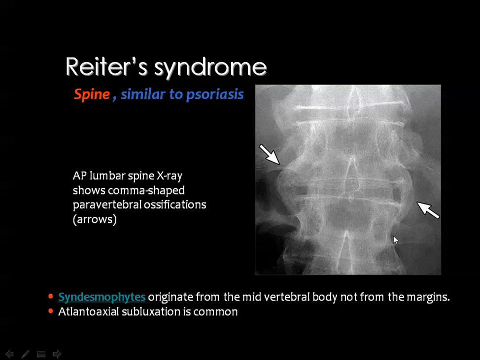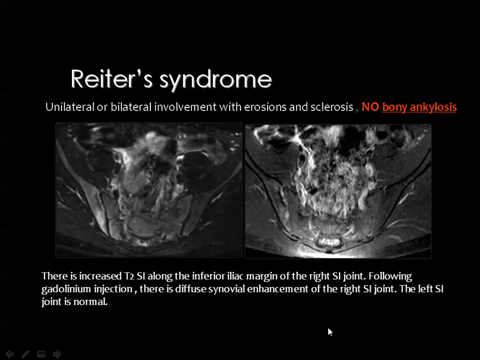In the spine, there are similar manifestations to those of psoriasis concerning the development of syndesmophytes, which are osteophytes arising from the midvertebral body, crossing the disc space, and may fuse with syndesmophytes from the above vertebral level. Also, the changes in the sacroiliac joints are similar to those of psoriasis, except that psoriasis may proceed to bony ankylosis, but in cases of Reiter syndrome, the lesions do not usually proceed to bony ankylosis.